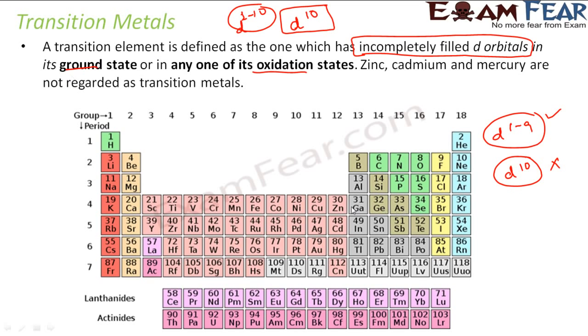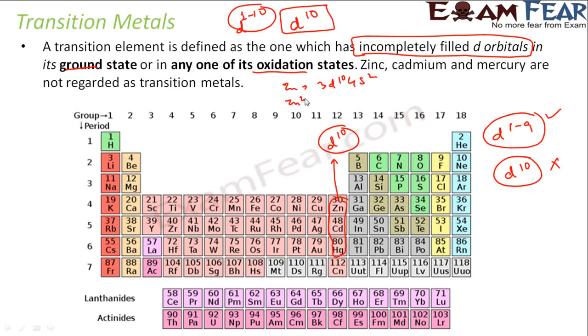So with this definition, zinc, cadmium and mercury are not transition metals, because if you write the electronic configuration of zinc, cadmium and mercury, actually I'll show you, it is d10. Talk about zinc, it is 3d10 4s2.